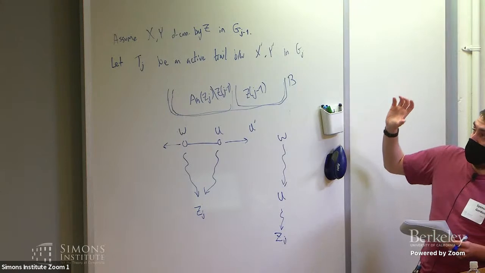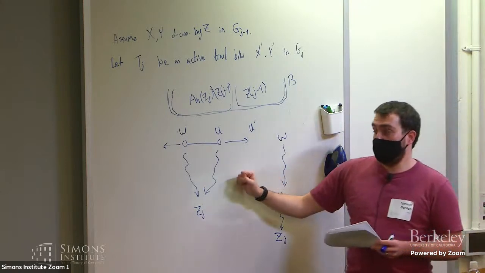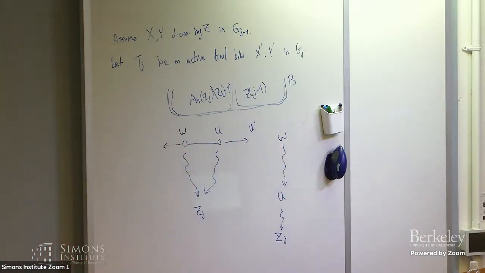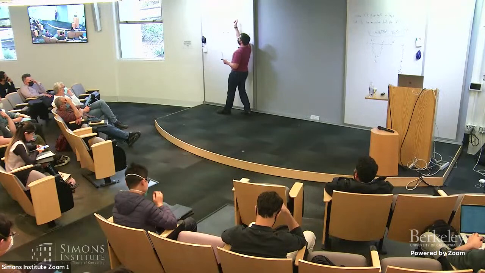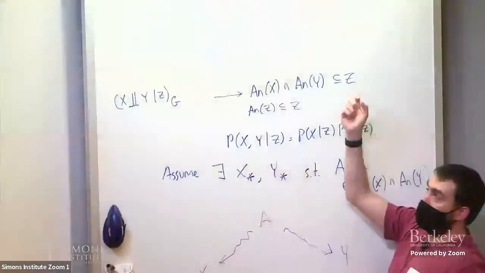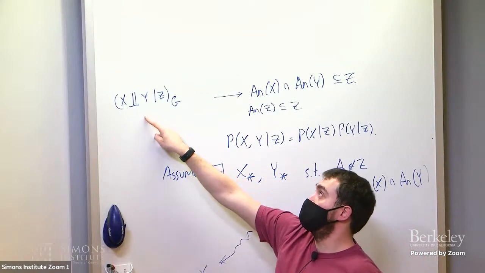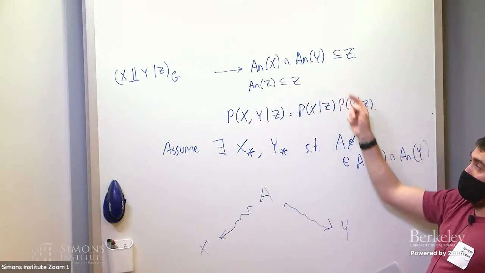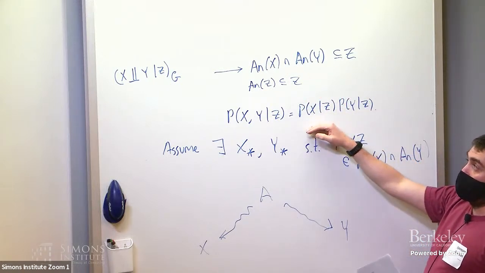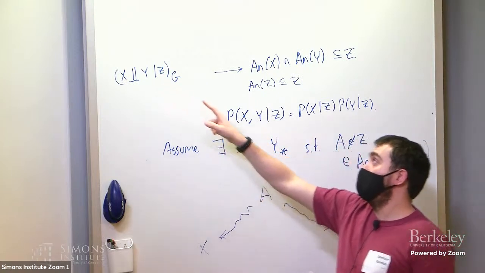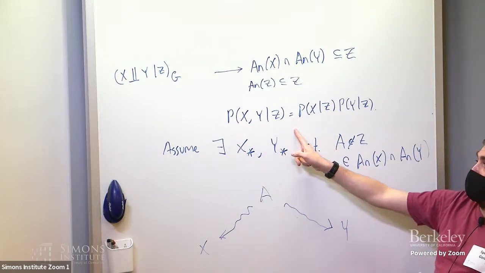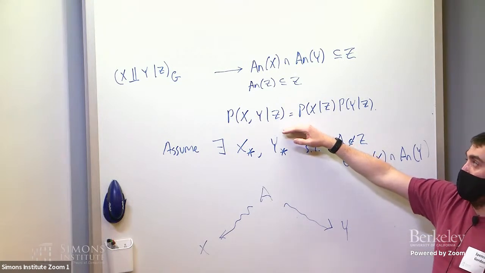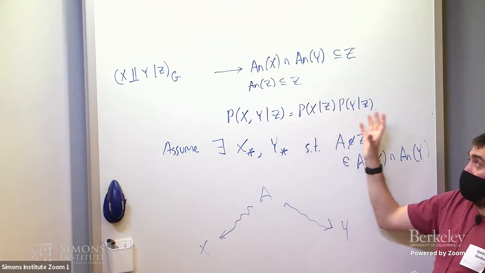Okay, and so once we've established that we preserve d-separation in this construction, then along with the fact that in this final graph, Z is an upwards closed set, and if X and Y were d-separated given Z, then all the common ancestors of X and Y are inside Z, we get the conclusion that if X and Y were d-separated in our original graph, they are conditionally independent in any distribution compatible with this new graph.